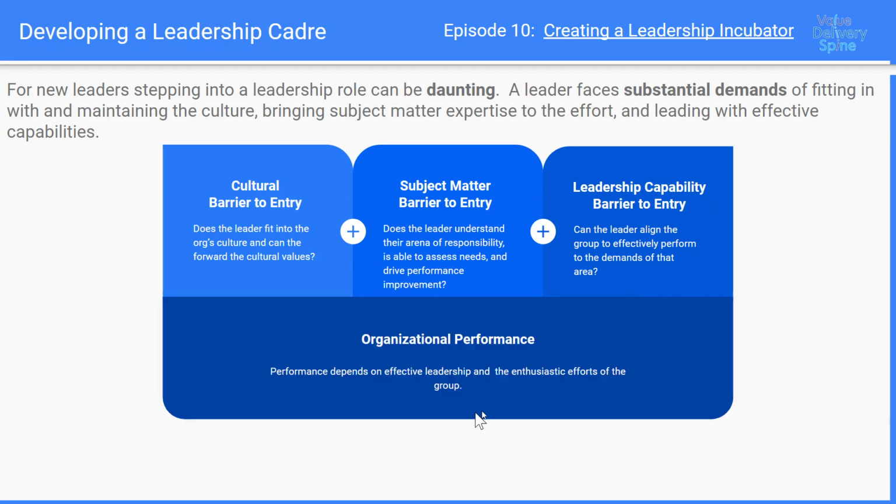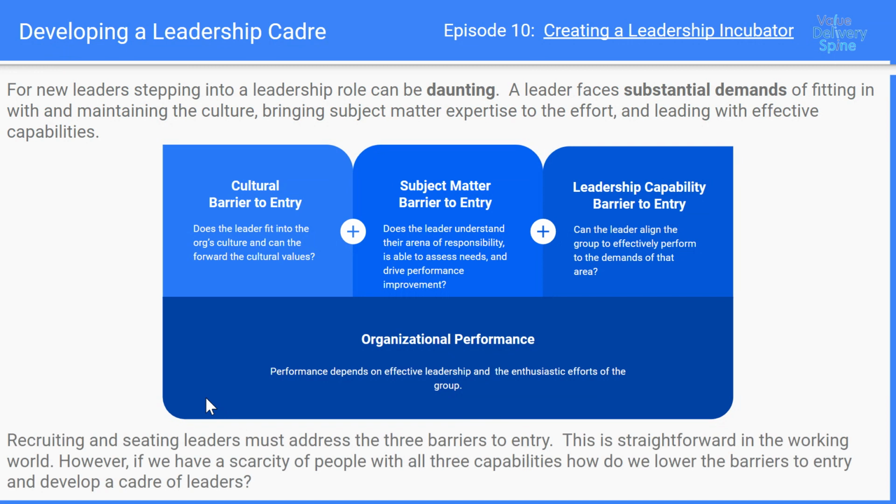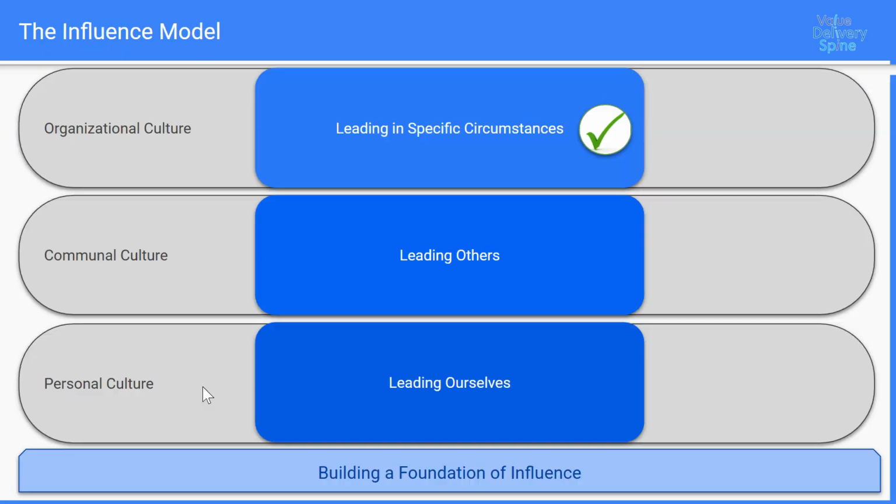And if you get all those three things knocked out really effectively in your recruiting and hiring process, or your capturing of leaders in the organization and acquiring them, then you can have effective organizational performance, because each one will take on the pieces and parts that they need to in order to drive towards our big objectives.